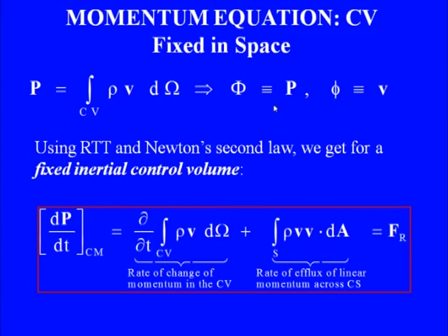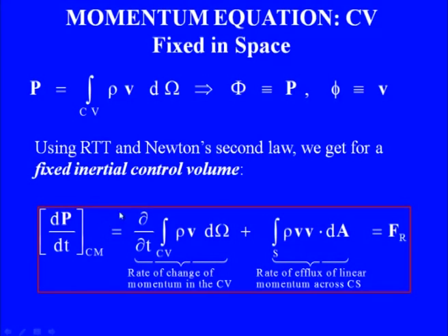Now, we can use Reynolds transport theorem to obtain what is dP by dt. dP by dt for the control mass system would be the local time derivative, that is del by del t of rho v d omega integrated over the control volume, plus rho v dot dA.